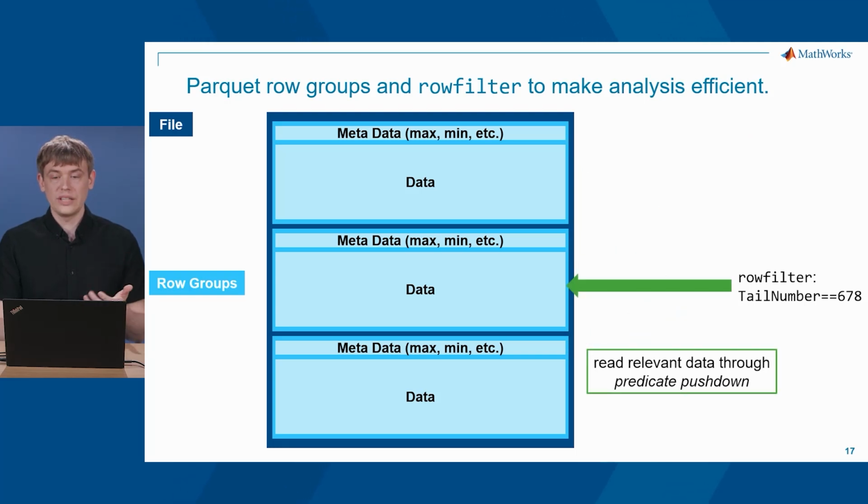Then when we read the data, we only read data from the relevant row groups, which can substantially improve performance versus reading the entire data set into memory and then indexing it there. If the row group contains more rows than we want, then row filter will continue filtering in memory after reading the data off of disk.